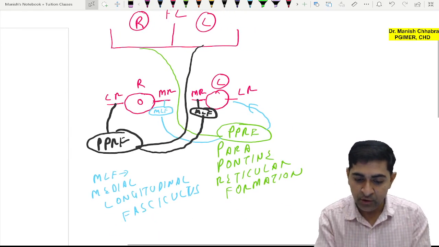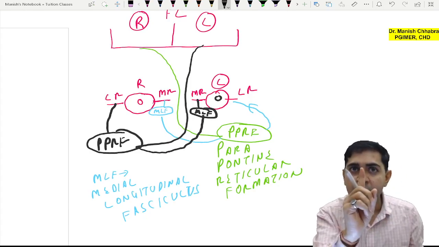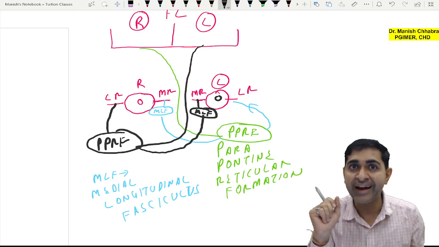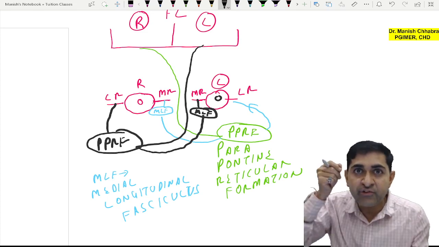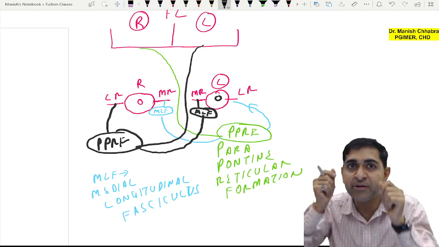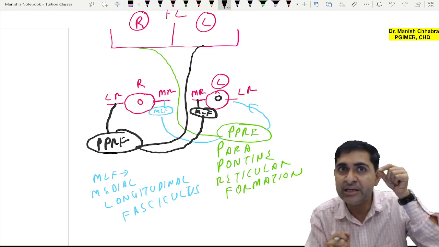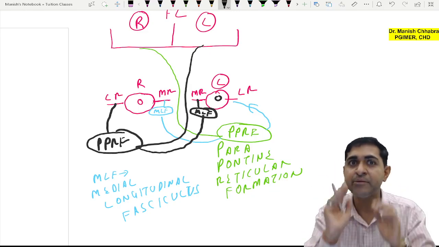Okay, now if I make the eyeball move towards the right side, both the eyes, so it will be contraction of right lateral rectus, there will be contraction of left medial rectus, that is dextroversion, and on levoversion it will be left lateral rectus and right medial rectus.